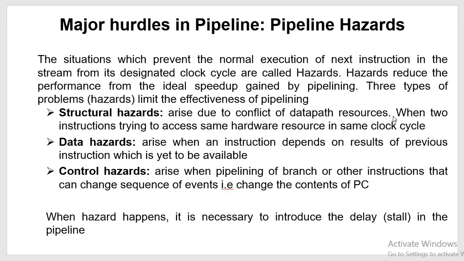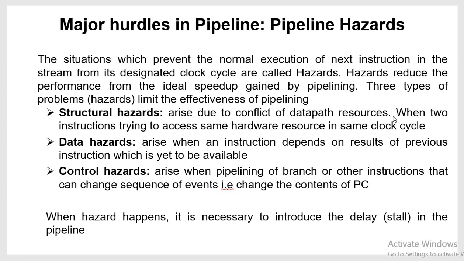The second is called the data hazard. A data hazard arises when an instruction depends upon the results of a previous instruction in a way that is exposed by the overlapping of the instructions in the pipelining.